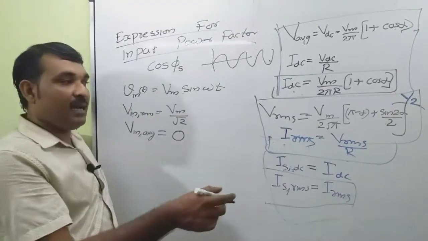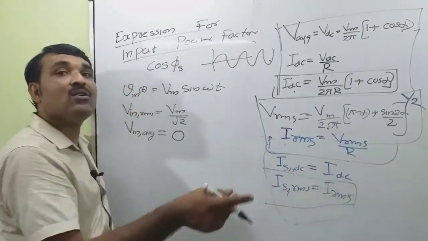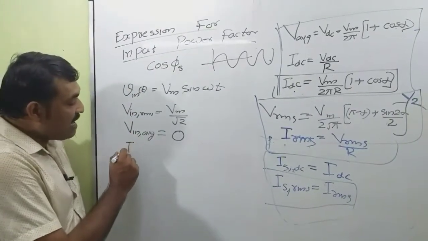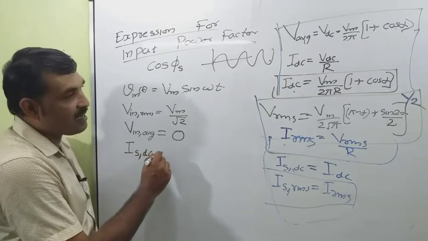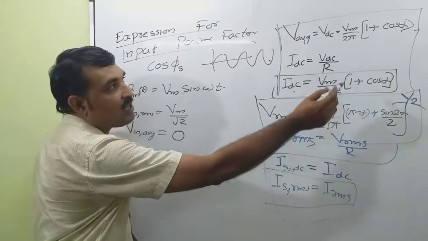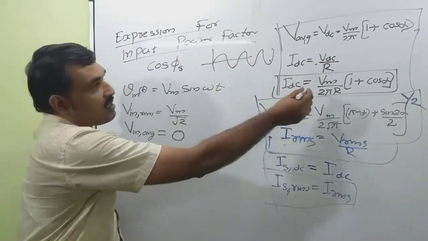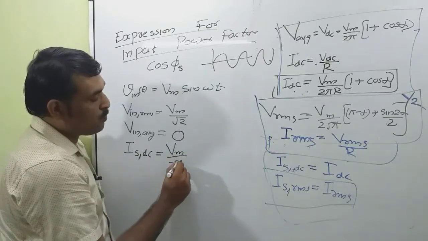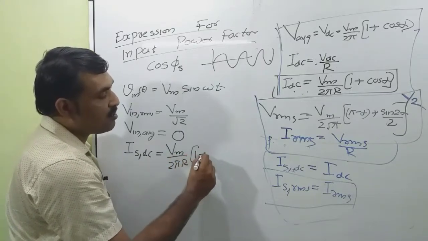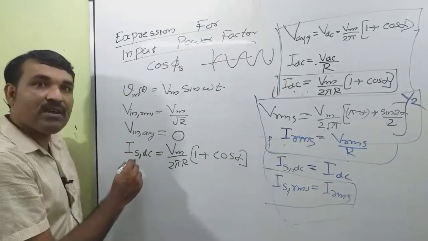What is the source current? The average value of the input current is the same as the average value of the output current. So IS DC, the average source current, is the same as the average value of the DC output current, that is VDC by R, which is equal to Vm divided by 2 pi R into (1 plus cos alpha). Now what is the RMS value of the input current?